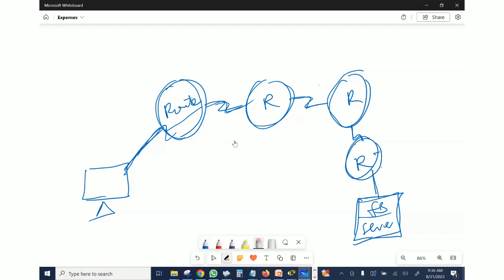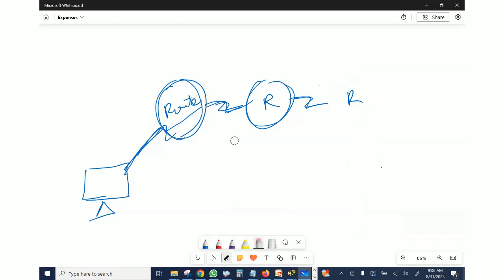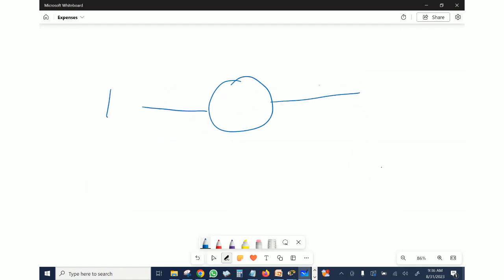What led to routing? The reason for routing is that normally a router only knows about connected networks. Let's say this is a router. You have your network connected. Let's say this is a switch and you connect your laptop.